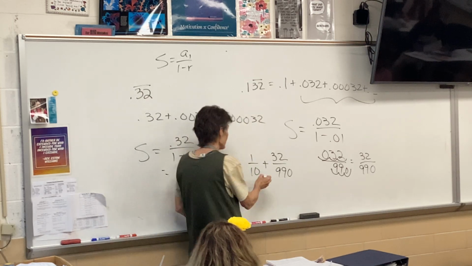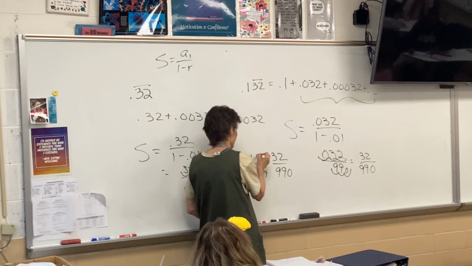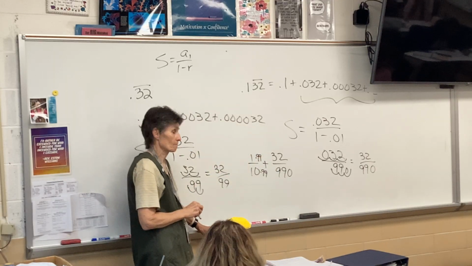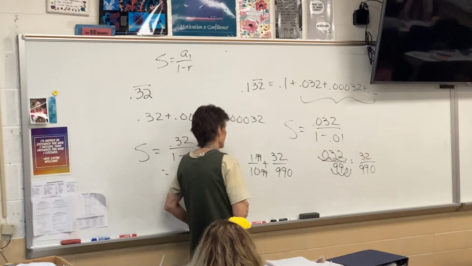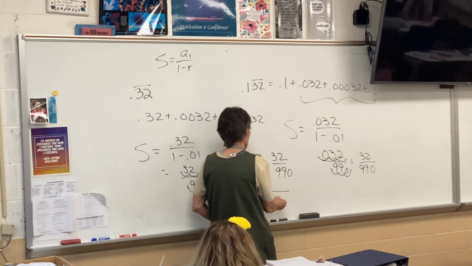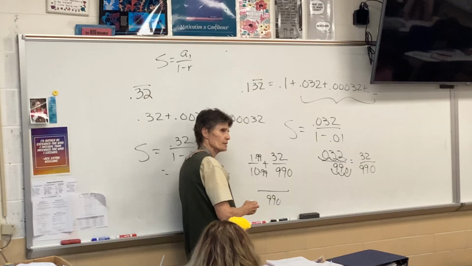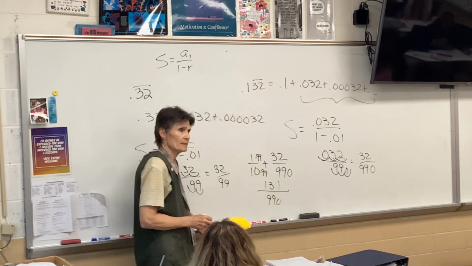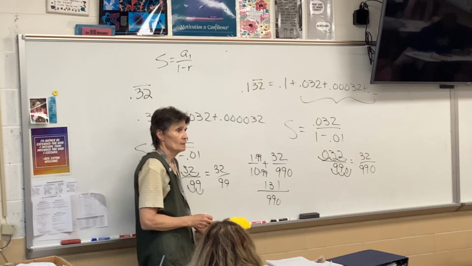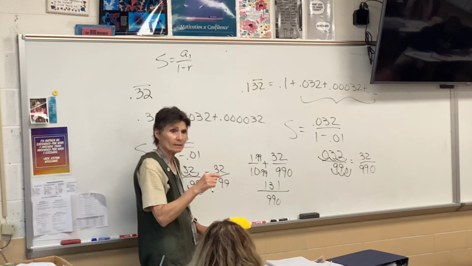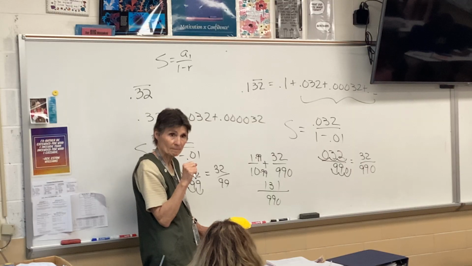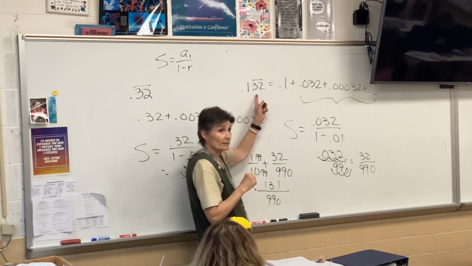So we'll get a common denominator, which will be 990. So I have 99 plus 32, 131. I don't think that reduces. So I'll check it. 131 divided by 990. Should be that right there.